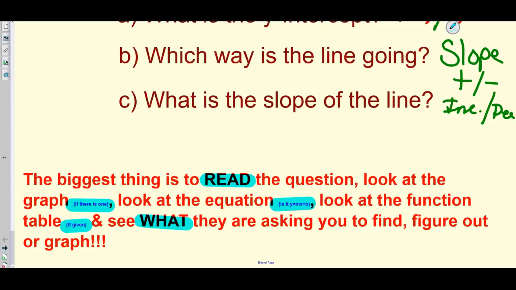Is it asking me to figure out what the graph should be? Or is it asking me to graph it? That's the thing you have to be careful of in this section: are you going to be reading this stuff or not?